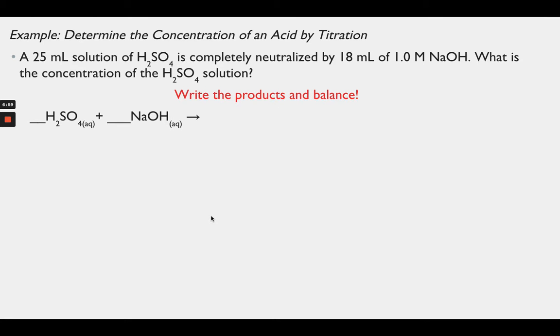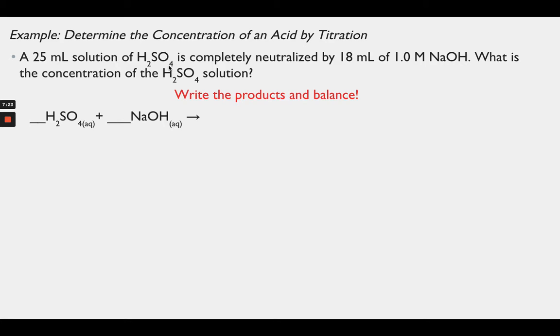Okay, so now how does this work? Let's think about this for a minute, and we will bring in a little bit of stoichiometry. So here's a problem you might have. A 25 milliliter solution of H2SO4 is completely neutralized by 18 milliliters of 1 molar NaOH. You notice we do not know the concentration of this sulfuric acid solution.